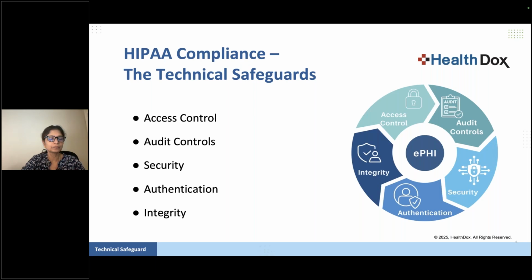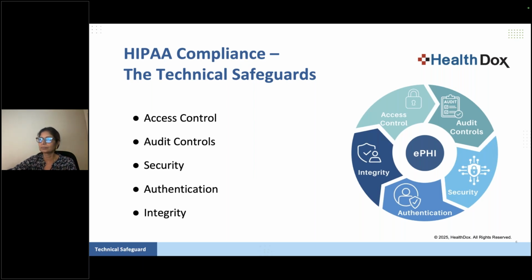These technical safeguards are the requirements to protect the EPHI. They are mandatory standards designed to secure it from unauthorized access, alteration, or any risk during transmission. All of these we will cover under the technical safeguards as mandatory requirements.